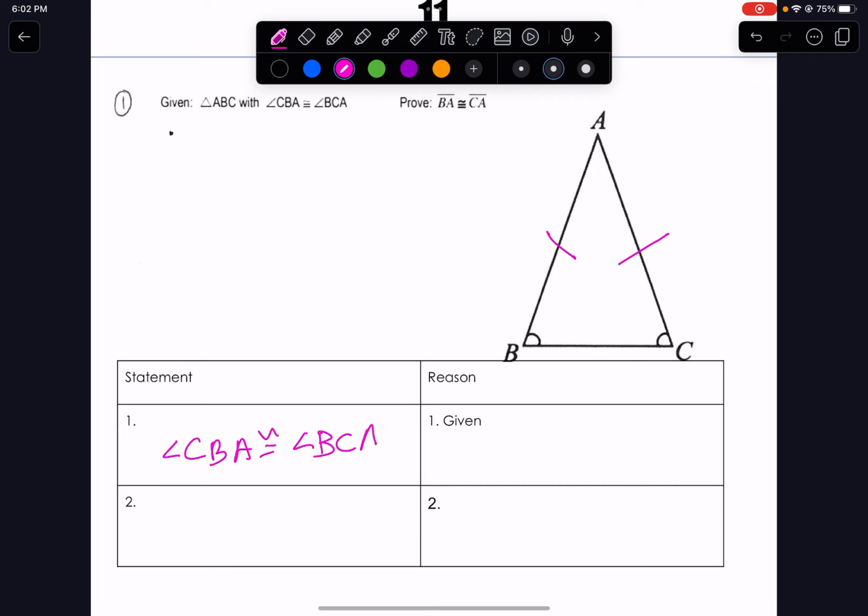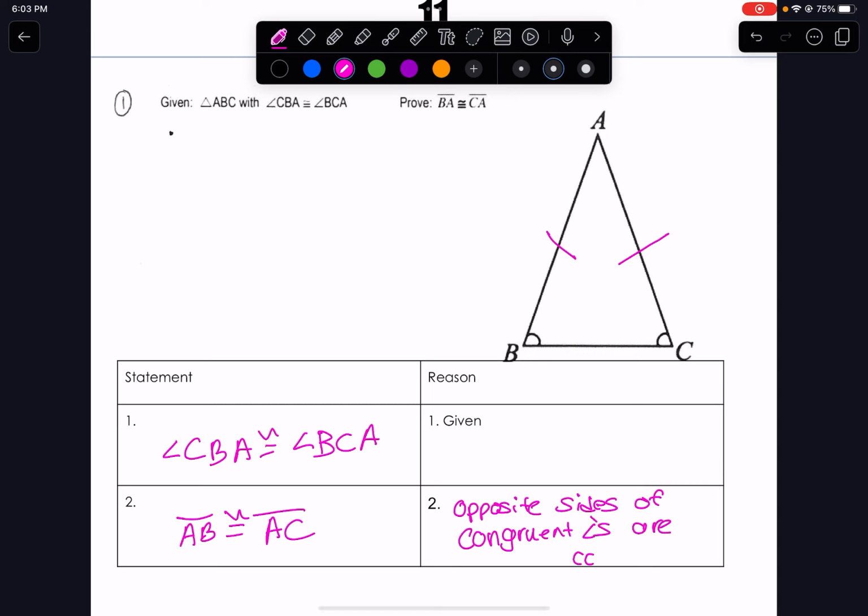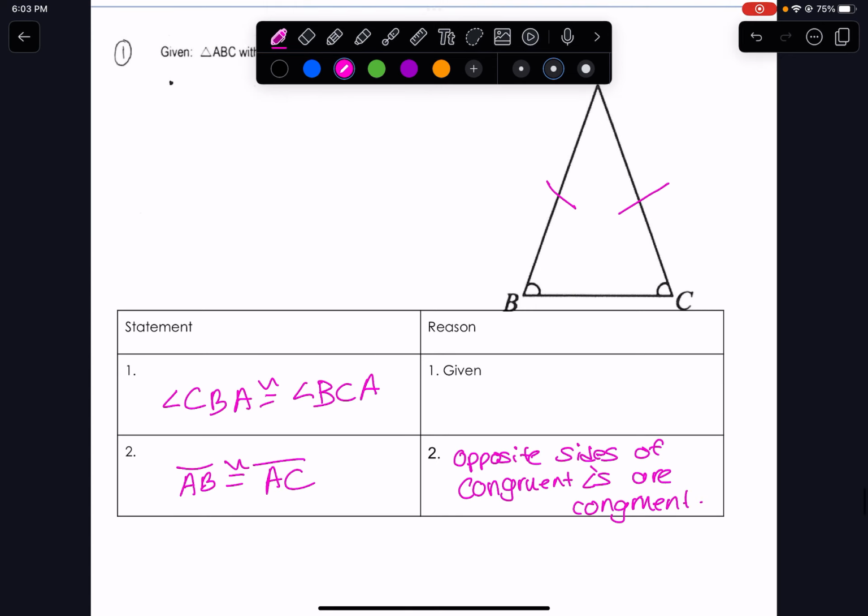Now you can look at your cheat sheet and you can see that we can say right away AB is congruent to AC because opposite sides of congruent angles inside a triangle are congruent. Because this is an isosceles triangle. Isosceles triangles have two congruent sides and two congruent base angles.